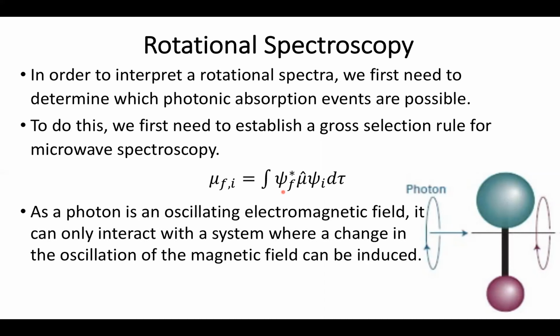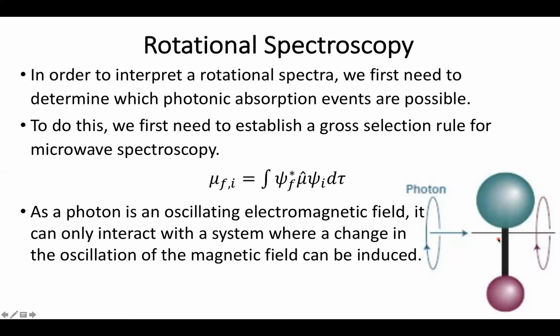Because a photon is an oscillating electromagnetic field, it can only interact with the system where I see a change in the oscillation of the electric field. A good way to think about this is I have a nice polar linear molecule, and the photon comes in with its oscillating electric field.